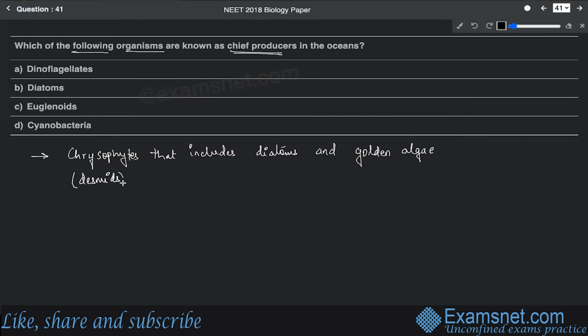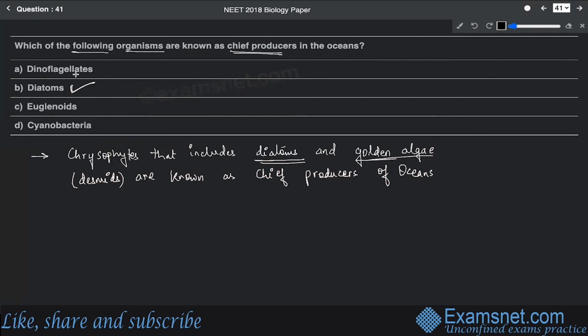They are known as the chief producers of the oceans. So remember, these chrysophytes include two members, diatoms and golden algae. All right. So that's why the correct option is option B, which is diatoms.